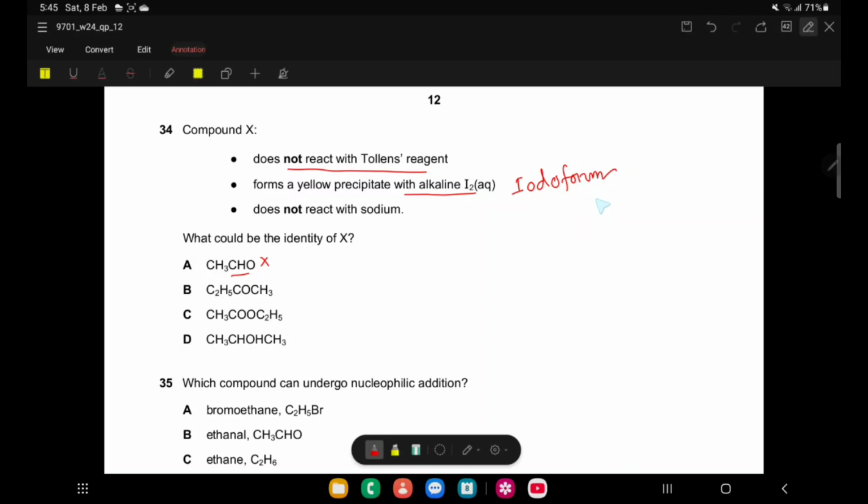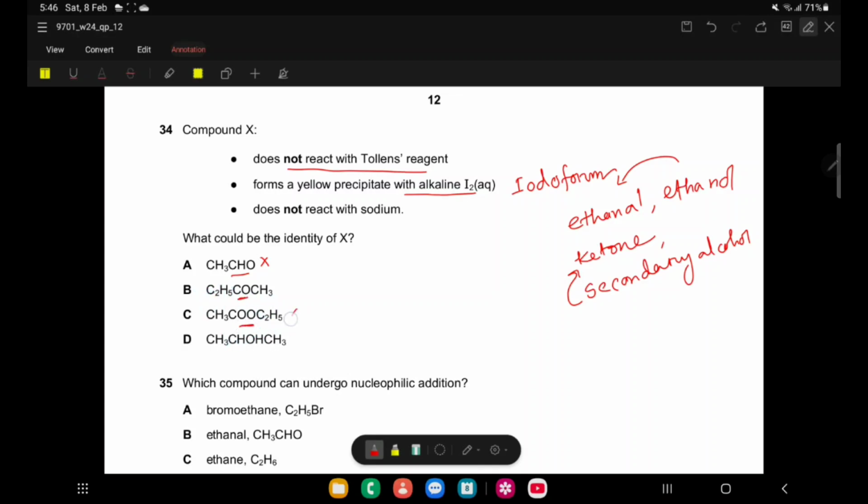Ethanol can give it, because ethanol will be oxidized to ethanal, then it can give the iodoform reaction. Almost all ketones, and some secondary alcohols, because a secondary alcohol will first convert into a ketone, then this ketone will give this reaction. Okay, so here is a ketone, so this might be our correct answer.